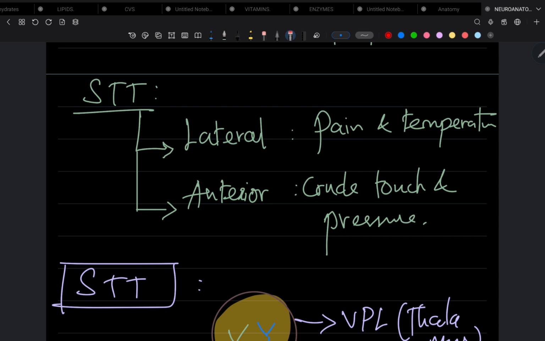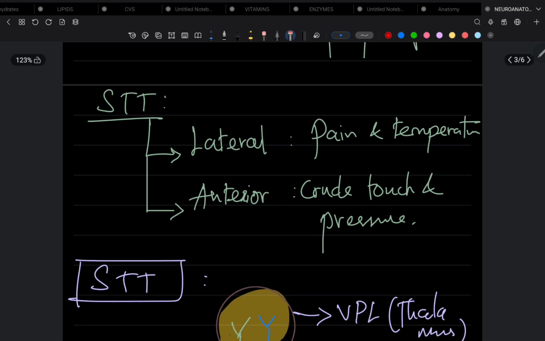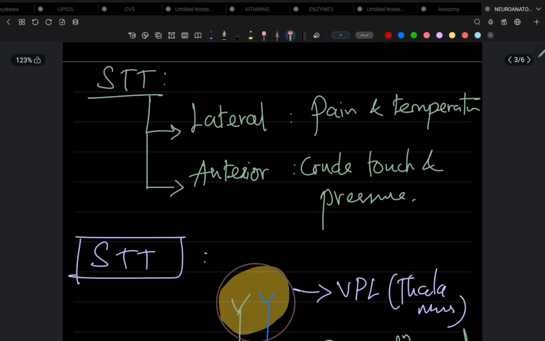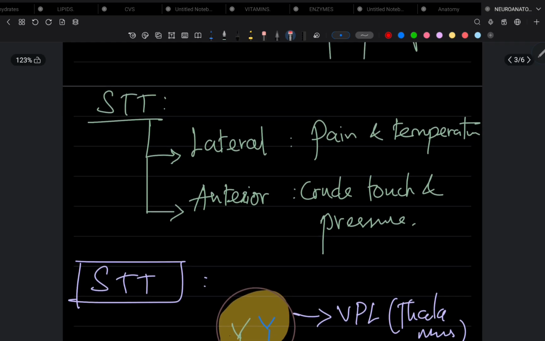The lateral spinothalamic tract carries pain and temperature sensation, and the anterior spinothalamic tract carries crude touch and pressure. We can remember it this way: there is a muscle called latissimus dorsi, whose short form is lat.